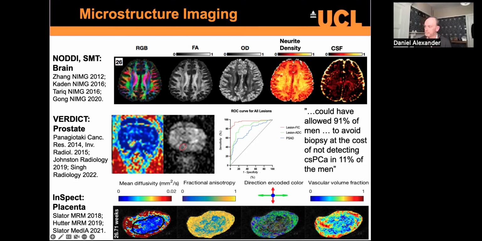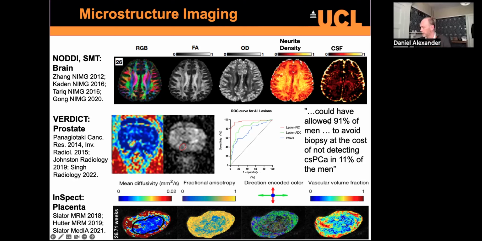So that's the aim. The timescale here is quite interesting. From first proof of concept in 2015, we've been through various layers of clinical trial to establish the real-world benefit of VERDICT. The aim is to demonstrate that it will discriminate a clinically significant cancer from an insignificant cancer, which standard MRI techniques can't do, which is why we still rely on the biopsy. Having been through a couple of trials now, the latest one has a pretty strong conclusion.